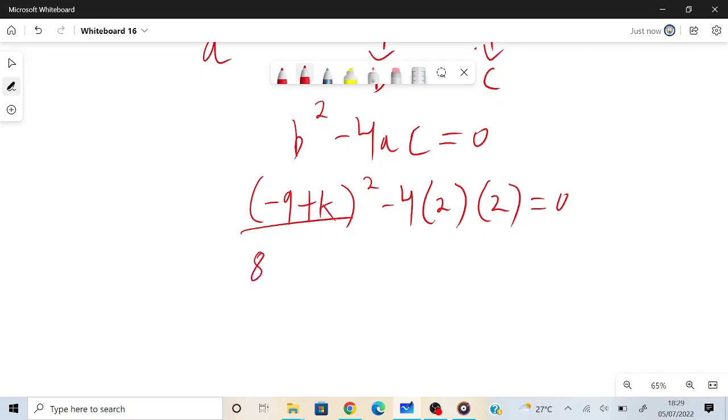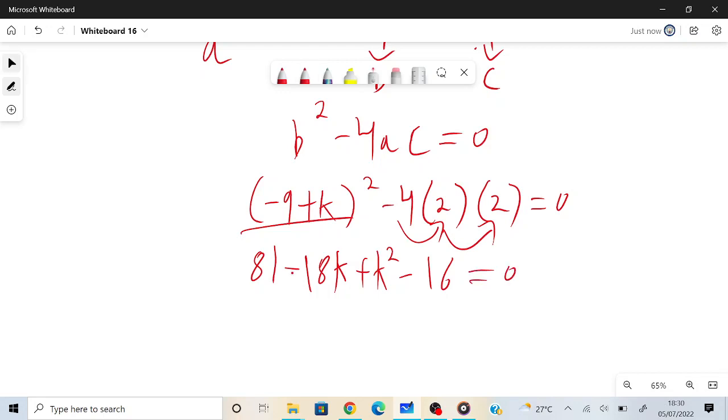Expanding this, I'm getting 81 minus 18k plus k squared minus 16, because minus 4 times 2 is minus 8, and minus 8 times 2 would give minus 16. All this equal to 0. Collecting your like terms, this is k squared minus 18k, and then 81 minus 16 is 65.